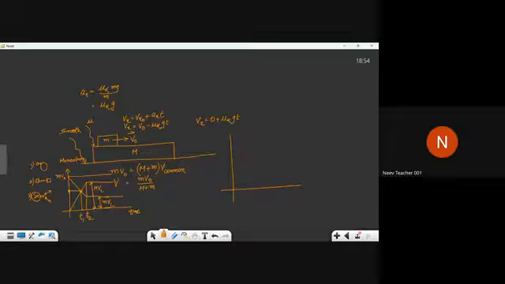Two masses M1 and M2 connected by a spring of spring constant K are kept on a smooth horizontal surface.